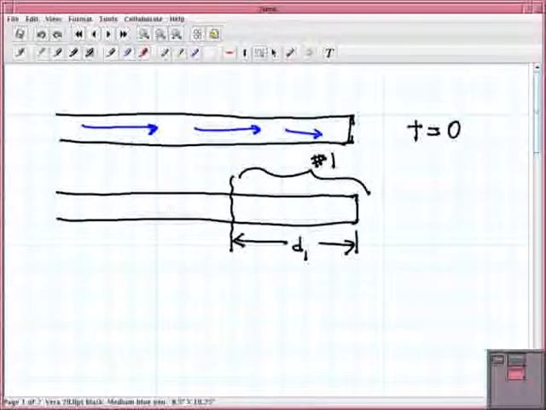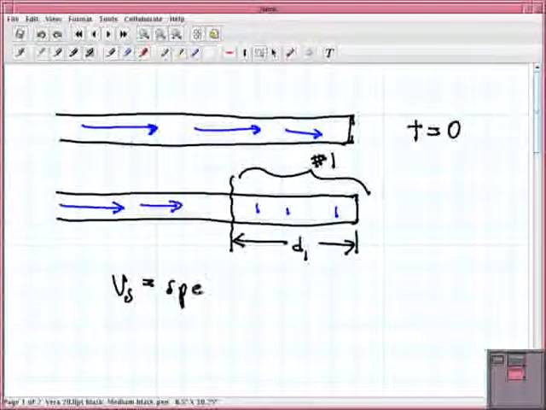Now, in the area upstream, the water is still moving. The water downstream in here is basically static. Now, the wave moves at a finite speed. It's the speed of sound in water. We'll call it Vs, the speed of the wave.